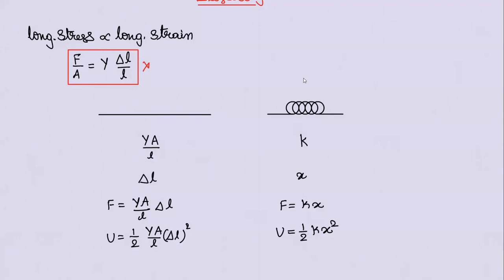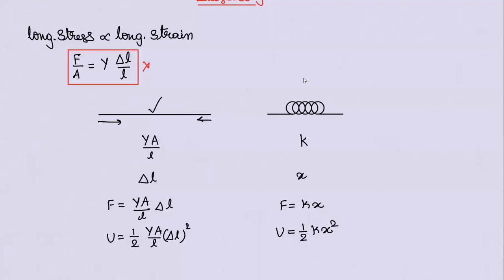If at all you are interested, you can stop it here. Then you can go ahead with the problem solving. Small tricky things will be there. Suppose I take a spring, I can compress the spring, I can elongate the spring. In both cases, the force will be there. But it's obvious that in case of a string, if you elongate, the elastic property comes into picture. But wait a minute. If you compress, in case of a spring, it will get compressed.